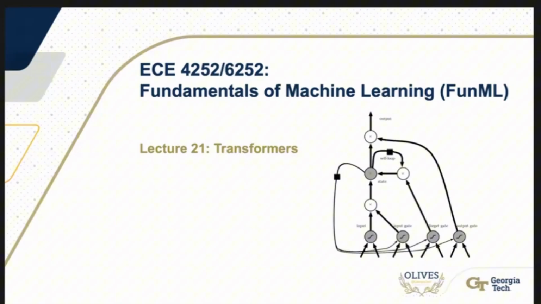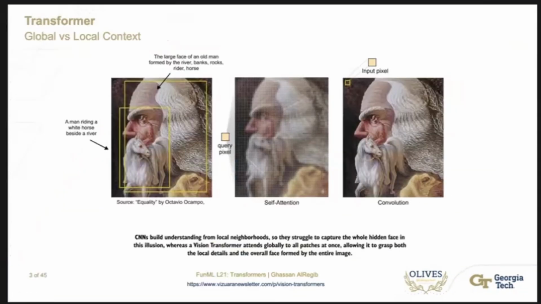Today, I'm gonna talk about transformer models. Transformer models are the models that have revolutionized the machine learning field in the last 10 years. The main goal in a transformer is to take one input and segment it into a number of tokens, and then try to learn the associations between these tokens.